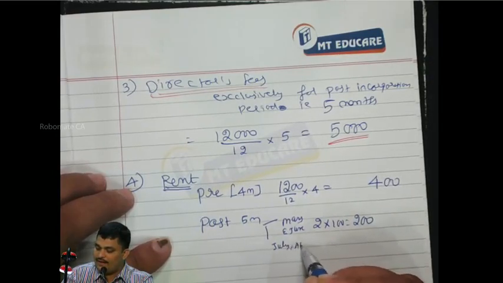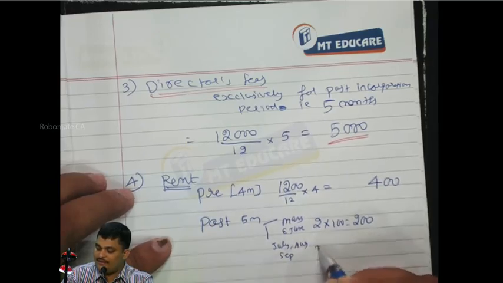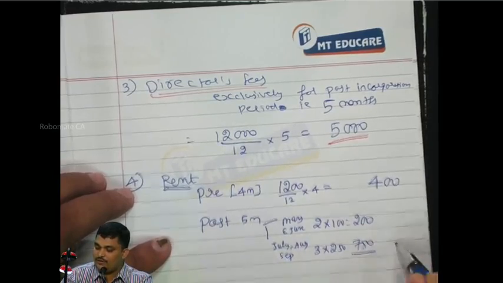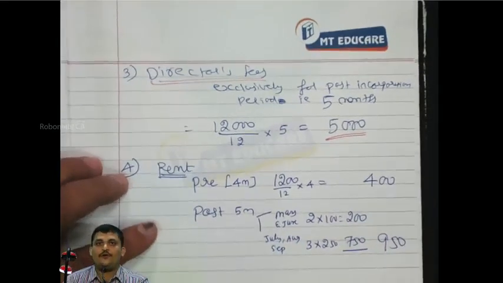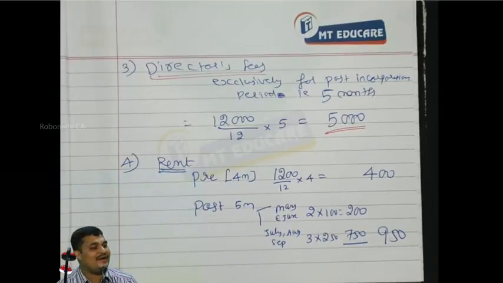July, August, September, 3 months into 250. So totally 950. So the apportionment of rent is 400 for pre and 950 for post. Are you following?